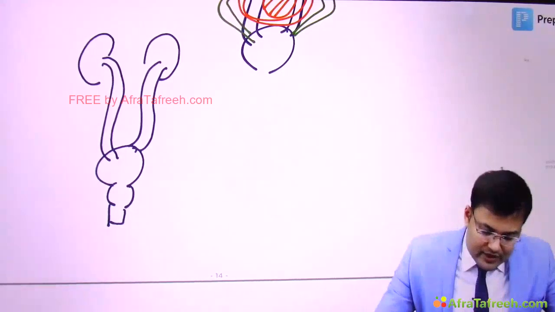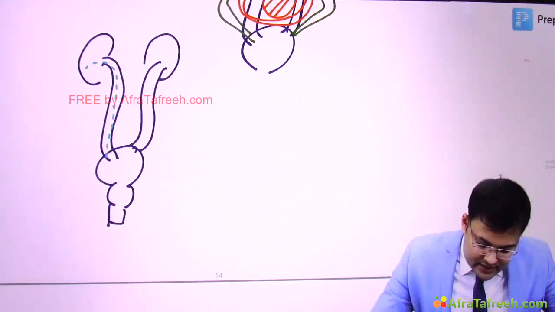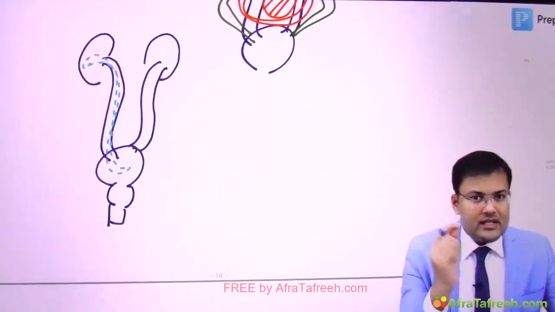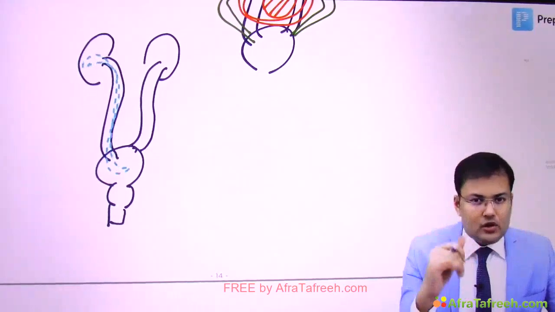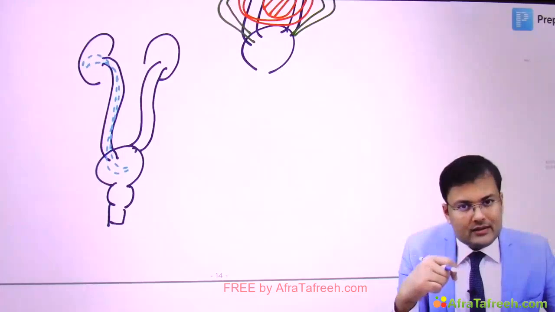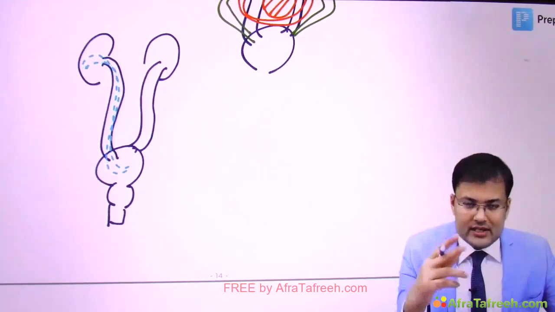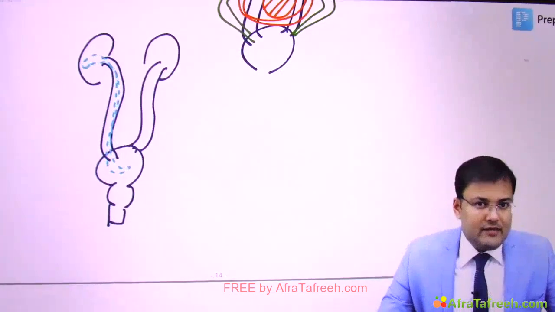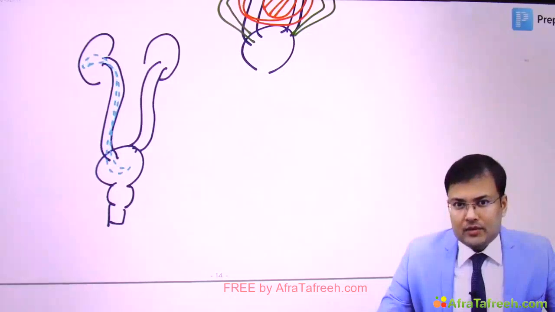So what we do, we insert DJ stent bilaterally. Now the lumen is clear, there is no obstruction. Second, since there is ongoing inflammation, you have to control the inflammation with the help of immunosuppressive agents.